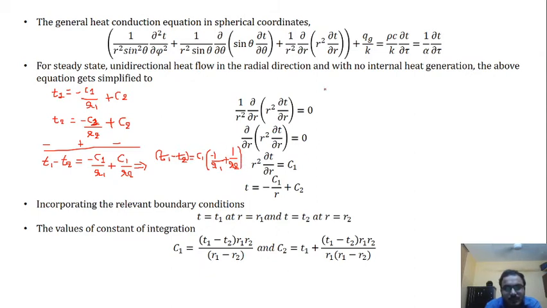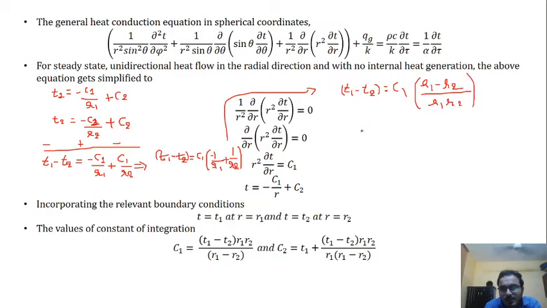So we will further simplify this here, then T1 minus T2 is equal to C1 into the bracket R1 minus R2 divided by R1 R2.